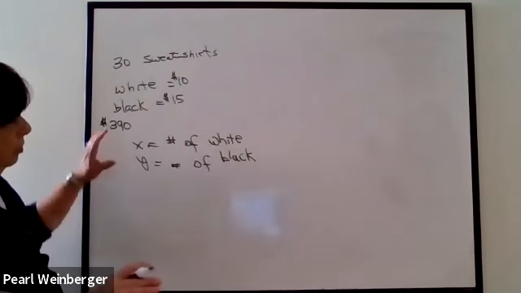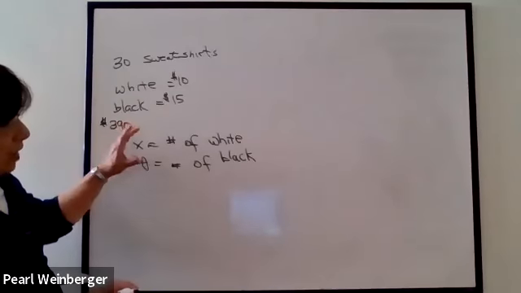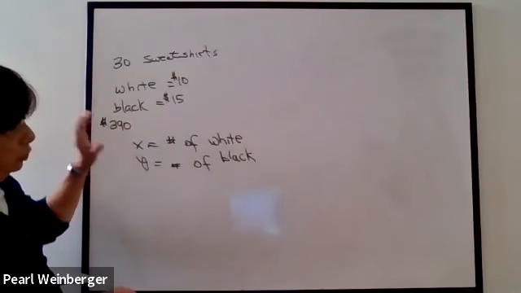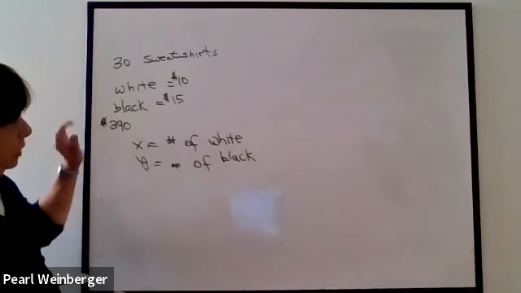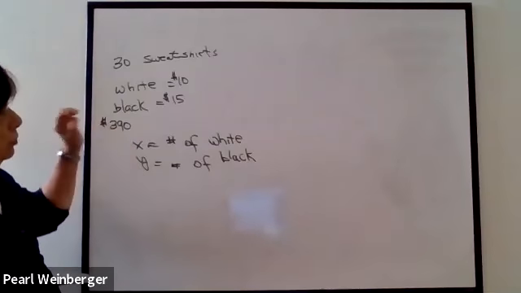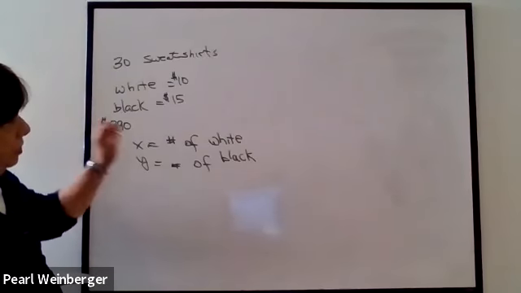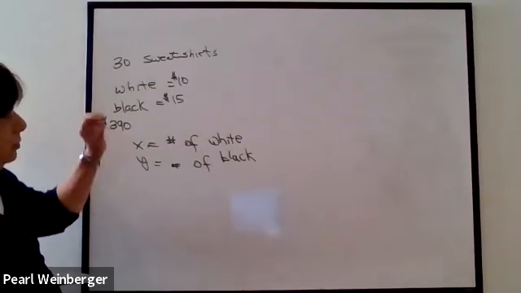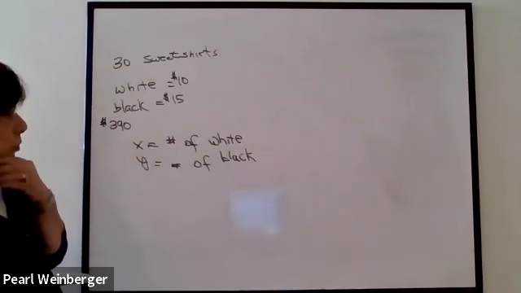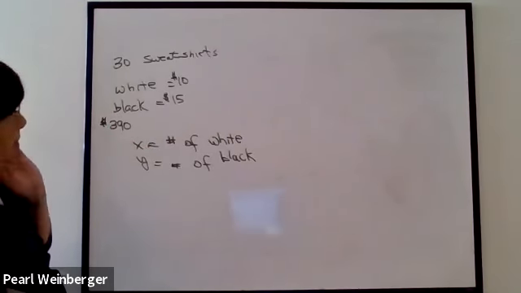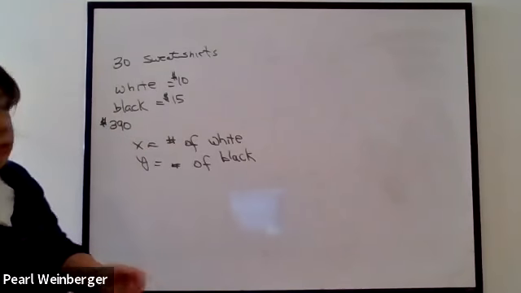So I'm very clear as to what my variable represents. The X is going to stand for the number of white shirts. The Y is going to stand for the number of black shirts. And now I'm going to set up my equations.